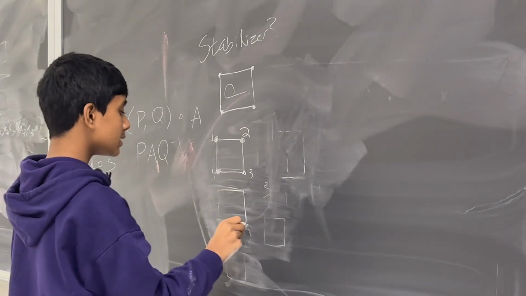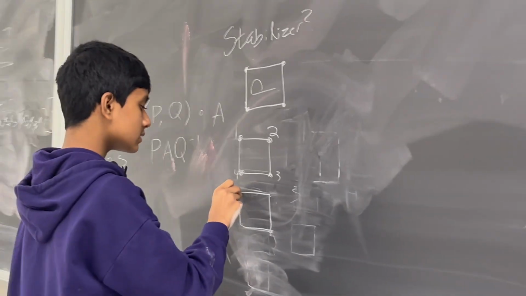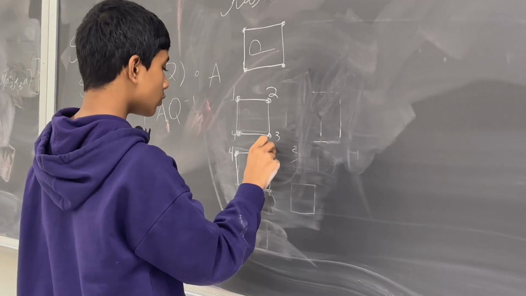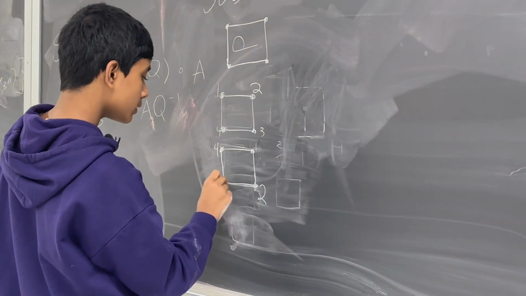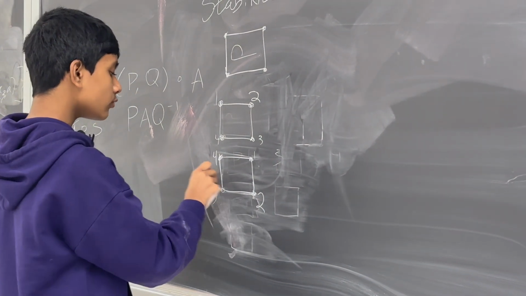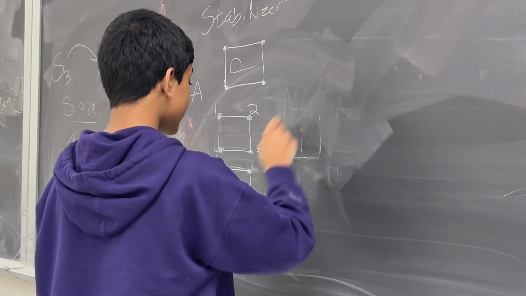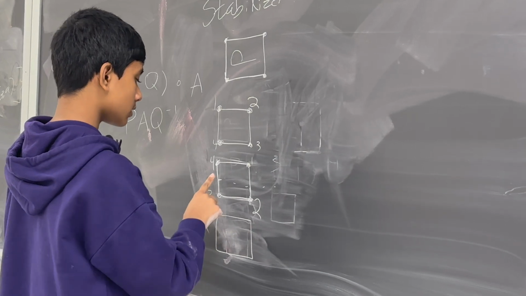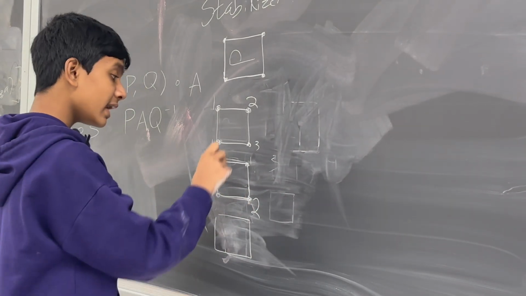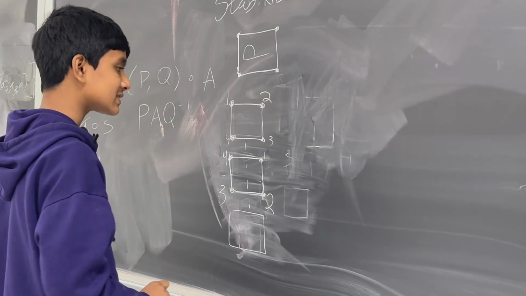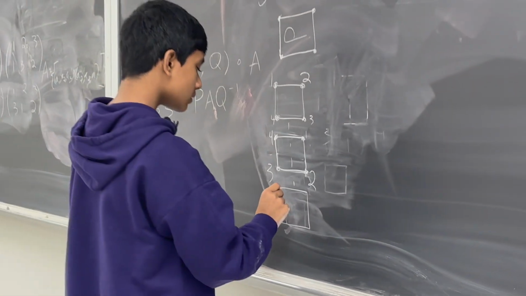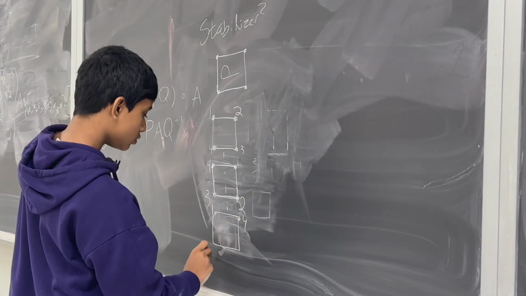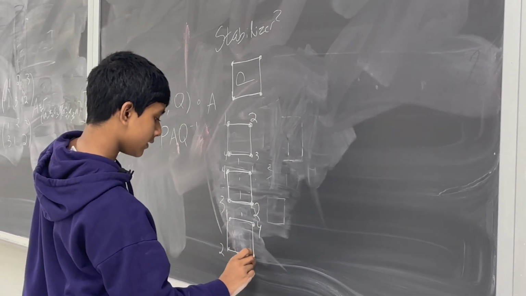Okay, so let's say I rotate it like this. So we get 4, 1, 2, 3. And then we reflect it about this axis. And what do we get? We get 1, 4, 3, 2.